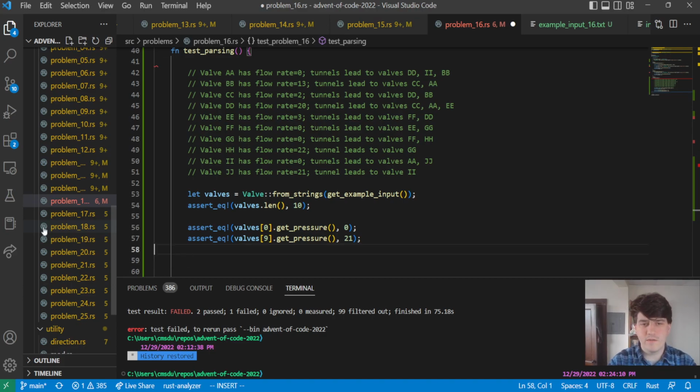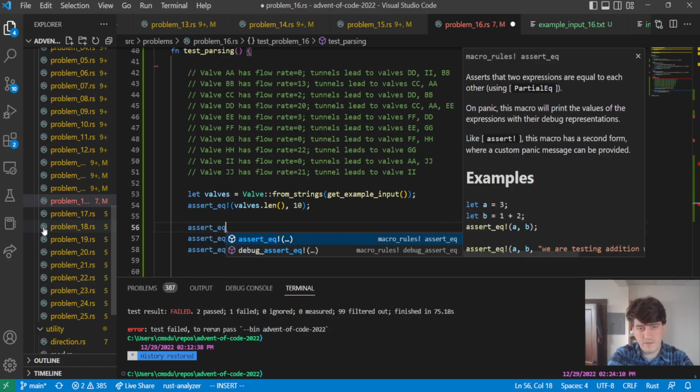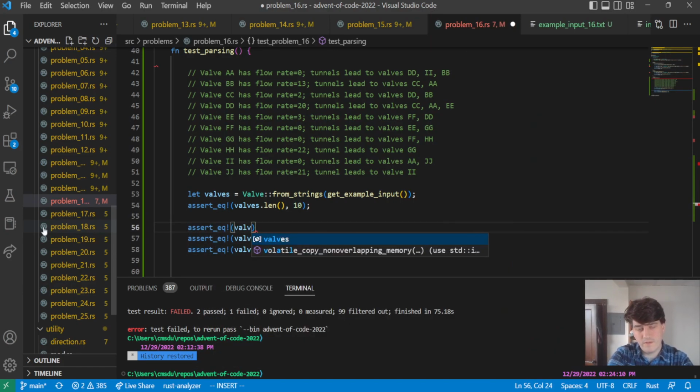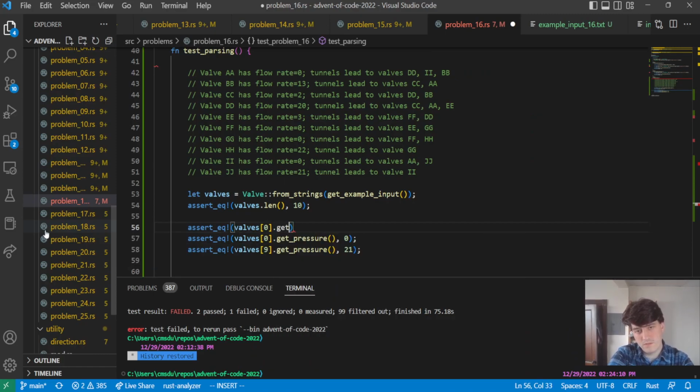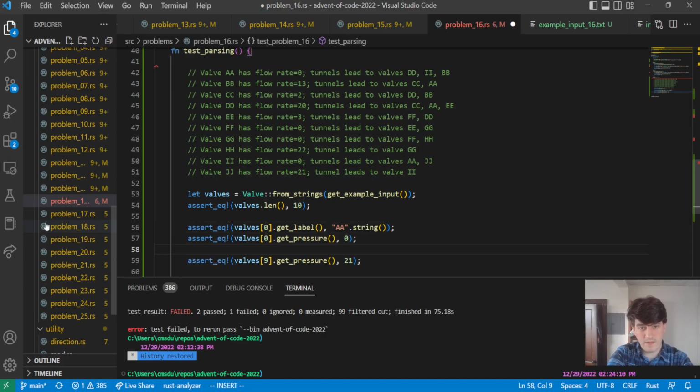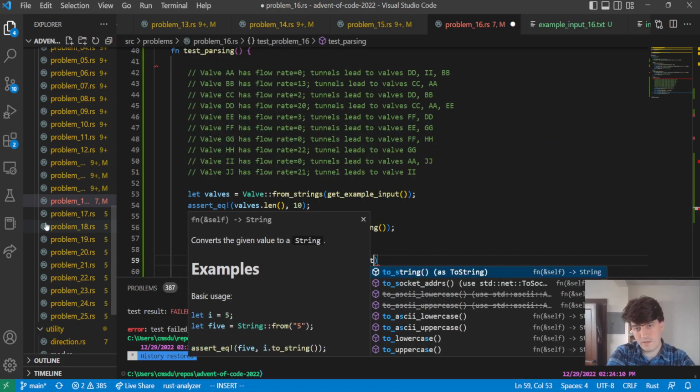And maybe we also give them names. So we say assert equal valve 0.label is aa.toString, and assert equal valves 9 label is jj.toString.